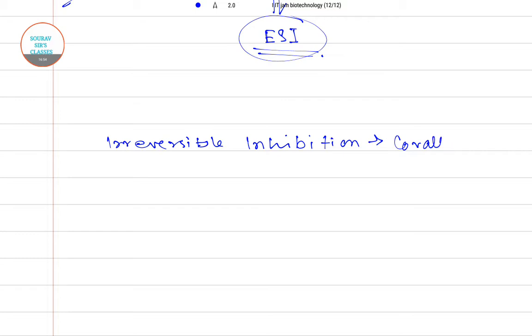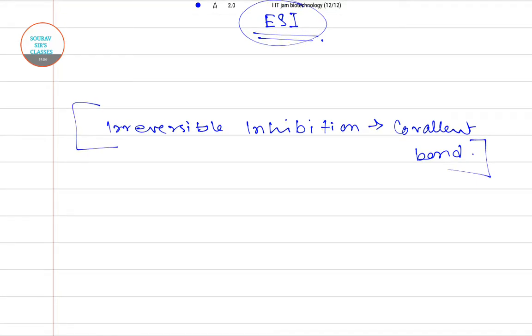Covalent bond. So on the basis of this, there is an inhibitor called suicide inhibitor.